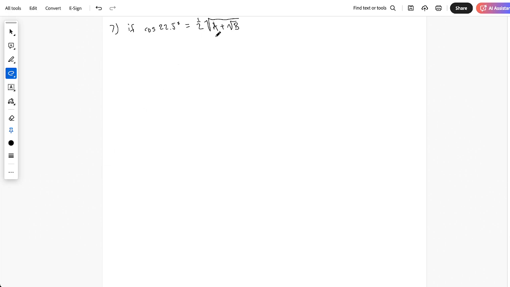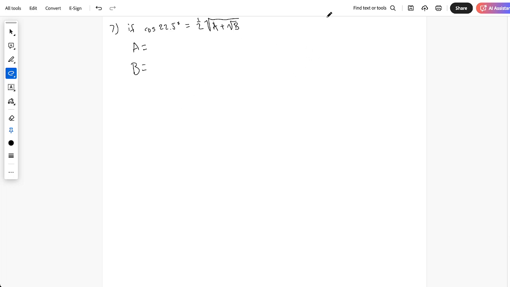So I guess you should say 1/2 times the square root of a plus the square root of b. Anyways, what we're trying to find is what a is and what b is.